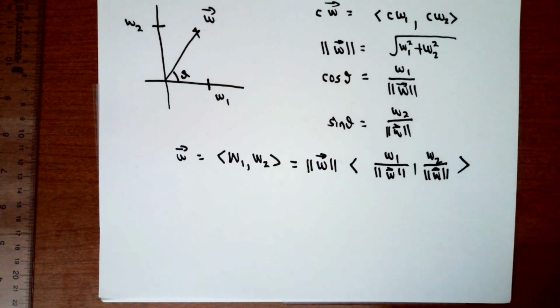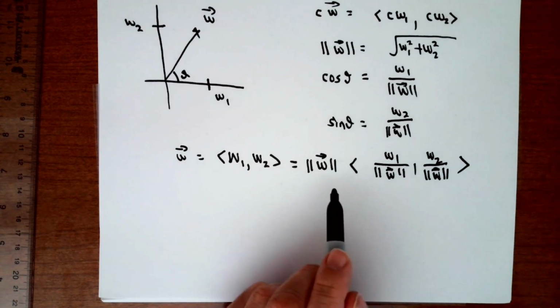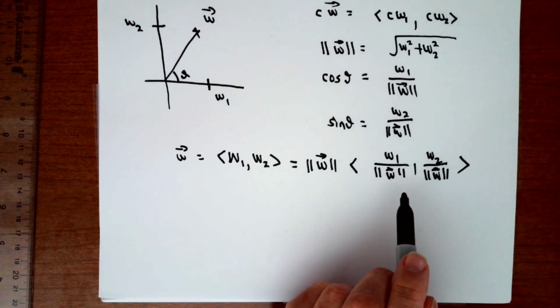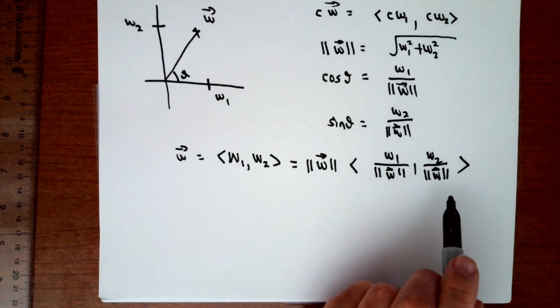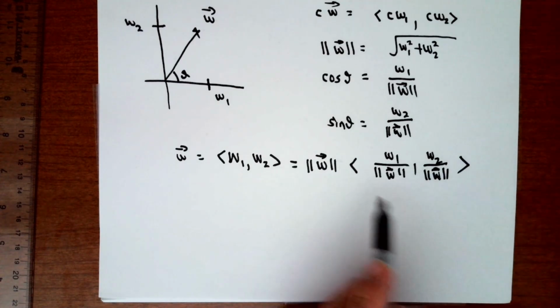Presuming that w isn't the zero vector, so its length isn't 0, I can write <w1, w2> this way. The length of vector w times a vector whose components are w1 over the length of w and w2 over the length of w. If that's not clear, think of multiplying through.